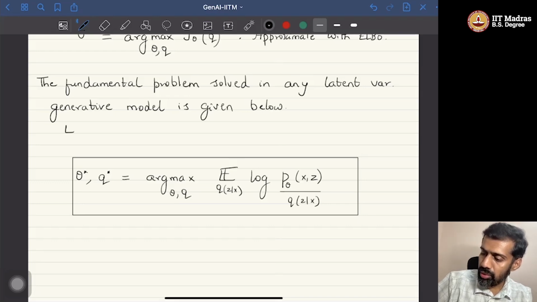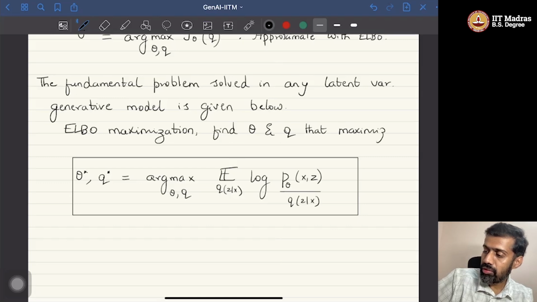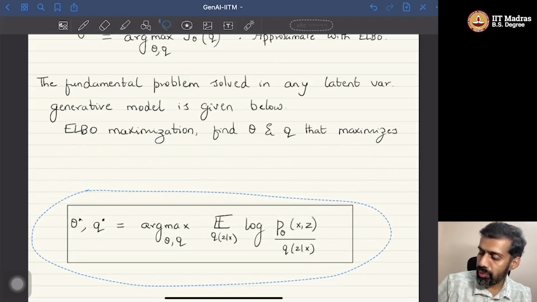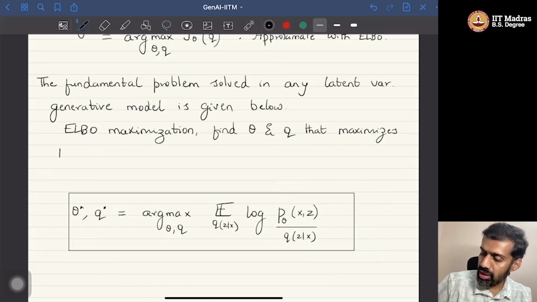This is called ELBO maximization, which is: find theta and q that would maximize the lower bound on the likelihood, which is also called the ELBO. That maximizes the evidence lower bound, which is J theta of q.